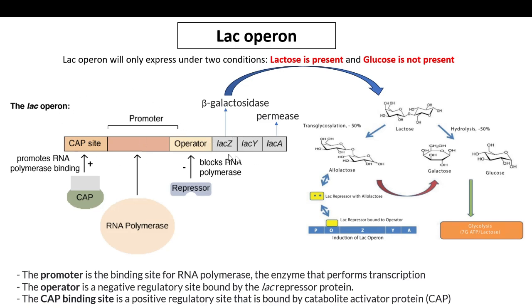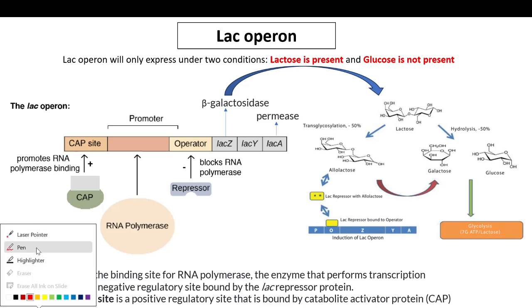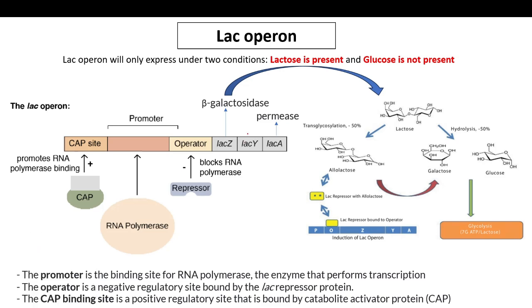The genes colored in gray are responsible for forming certain proteins that help in the metabolism of lactose into glucose. These genes are lacZ, lacY and lacA.